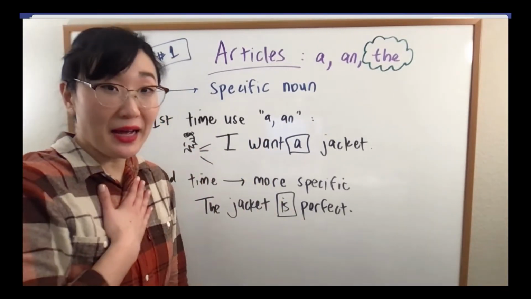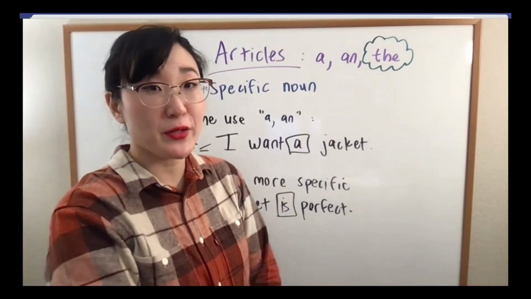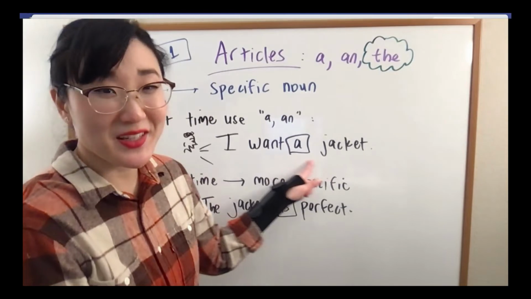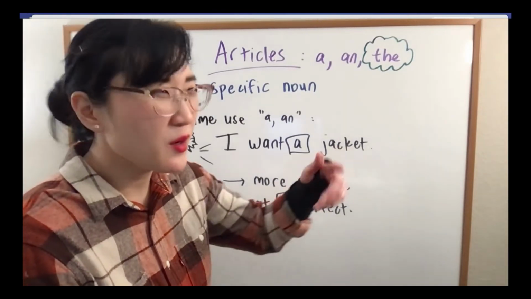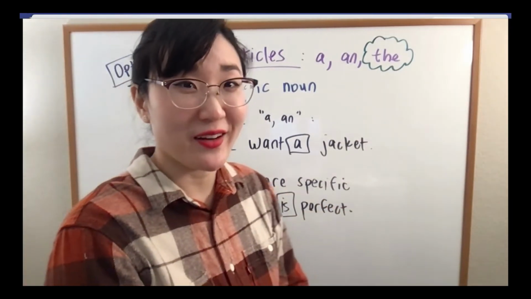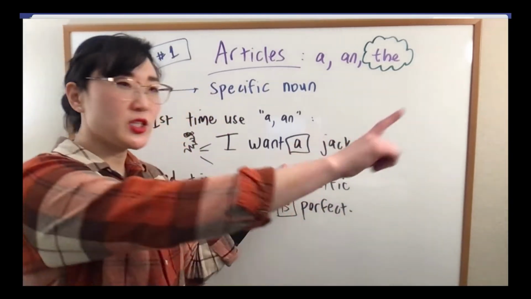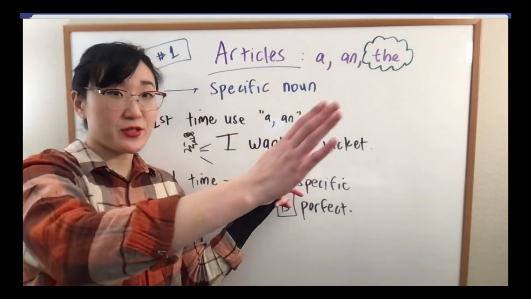If I am having a conversation with my student Sarah, and I tell my friend Sarah, I want a jacket. Okay, what type of jacket, Caroline? What color? What style? I say I want a jacket, meaning any jacket at the store.